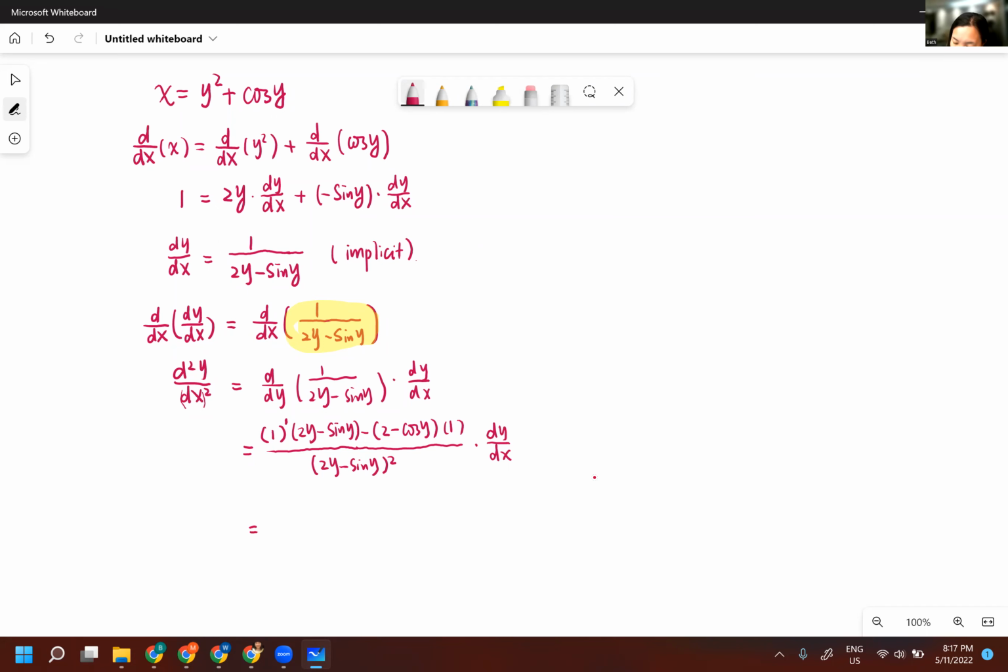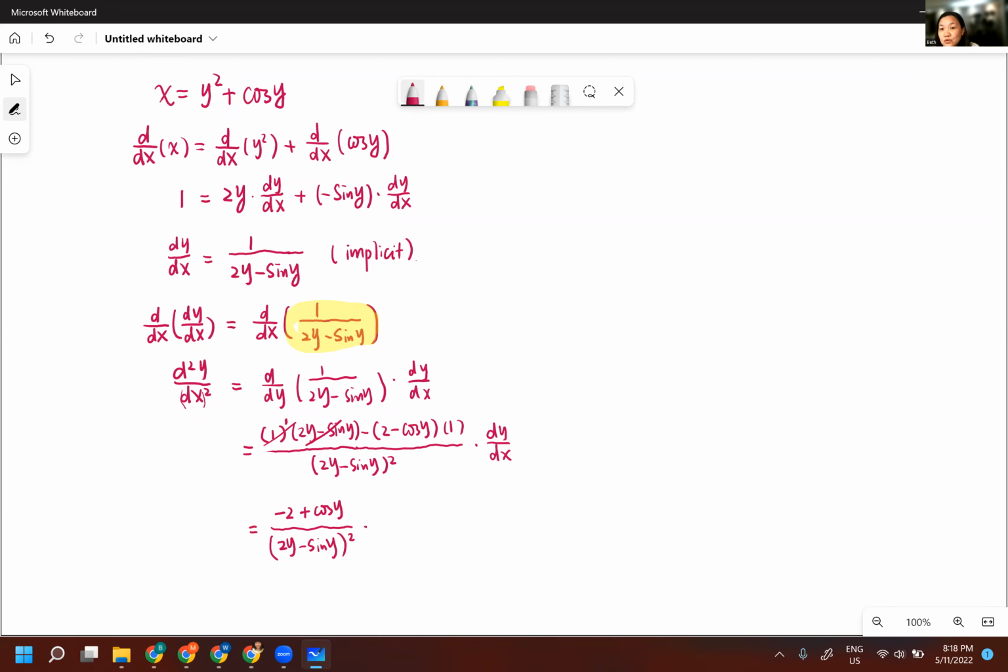And this is equal to, this is 0, so -2 plus cosine y over (2y minus sine y) bracket squared. Okay, that's this part. And this part, dy/dx, you don't worry because we have found it already.